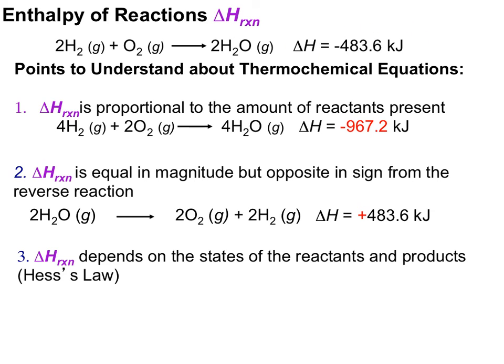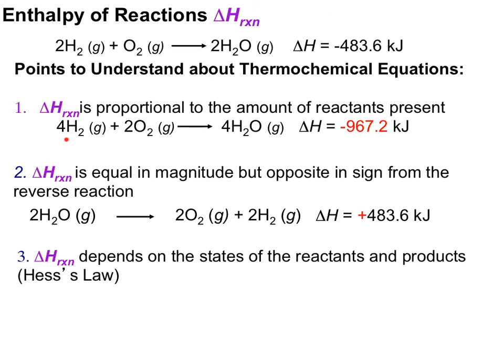So for every 2 moles of H2 that are combined with oxygen gas, we get negative 483.6 kilojoules of enthalpy. At constant pressure, that heat release is directly related to those molar amounts. Now, remember, delta H of reaction is proportional to the molar amounts of reactants that are present. So we look at this equation, and we have this enthalpy value being released.